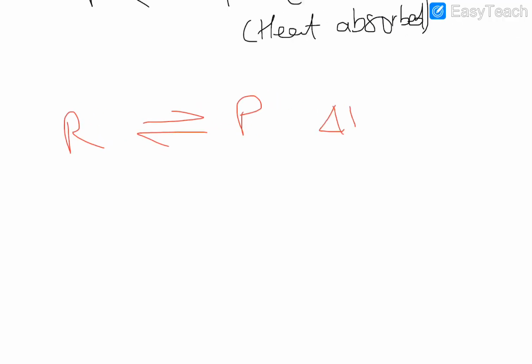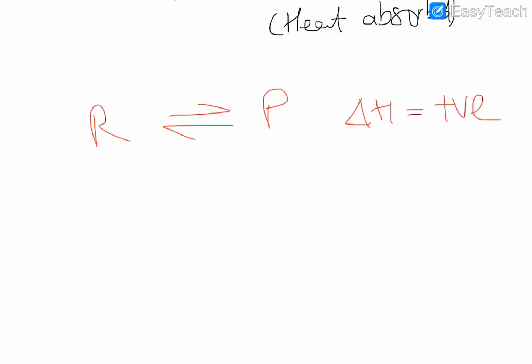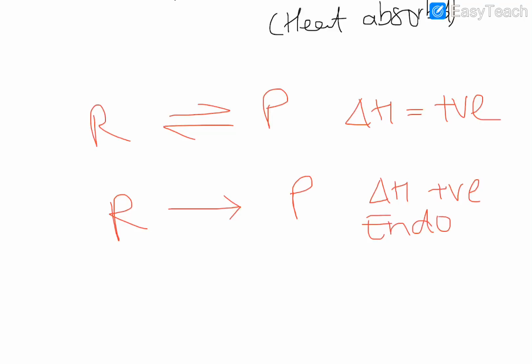You can have another reaction where I have reactants into products, but this time delta H is positive, which means that from reactants to products it is endo.